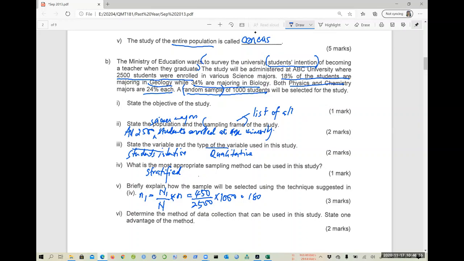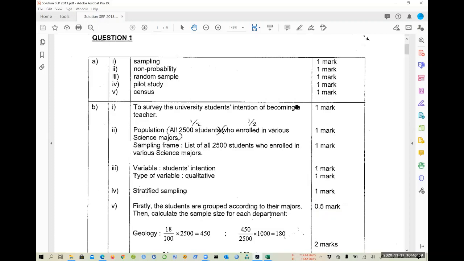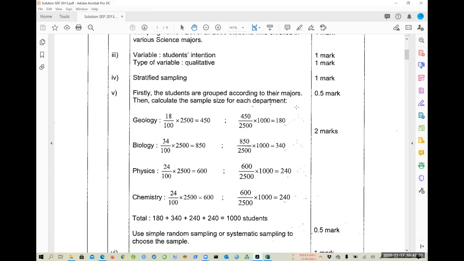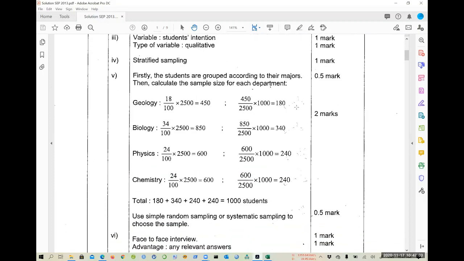Let me just give you the complete answer over here. So this is how you determine the sample size for each of the groups. You can see here it has two methods. Either you can just straight away calculate 0.18 times 1000, and you will get the same answer.